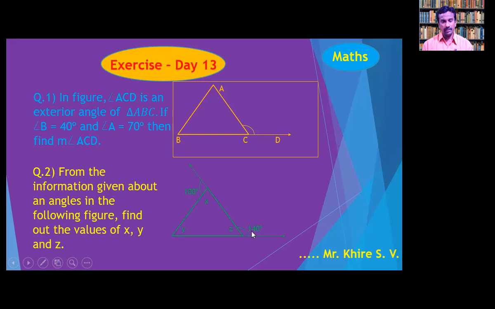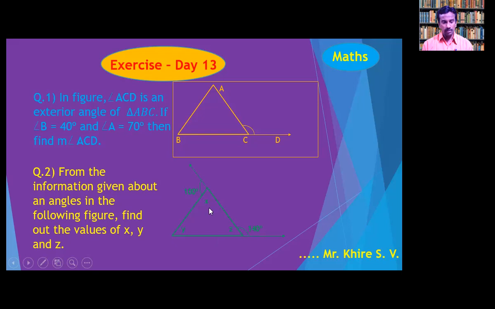Similarly, we can find z. These two are also a linear pair of angles. Therefore, 140 plus z is equal to 180 degrees, so z is equal to 180 minus 140. Therefore, z is equal to 40 degrees.